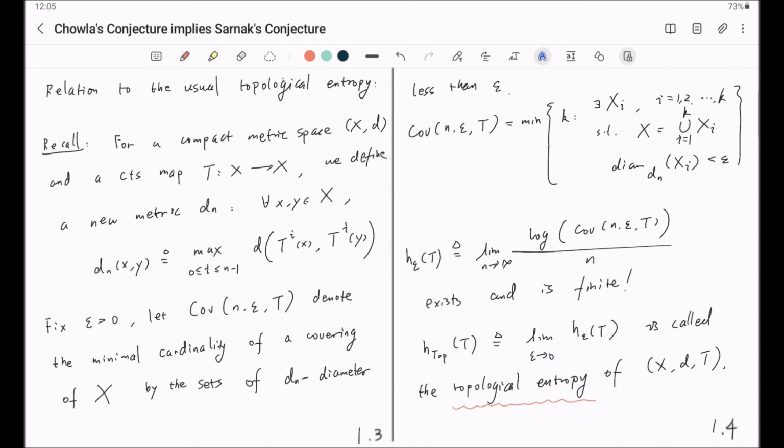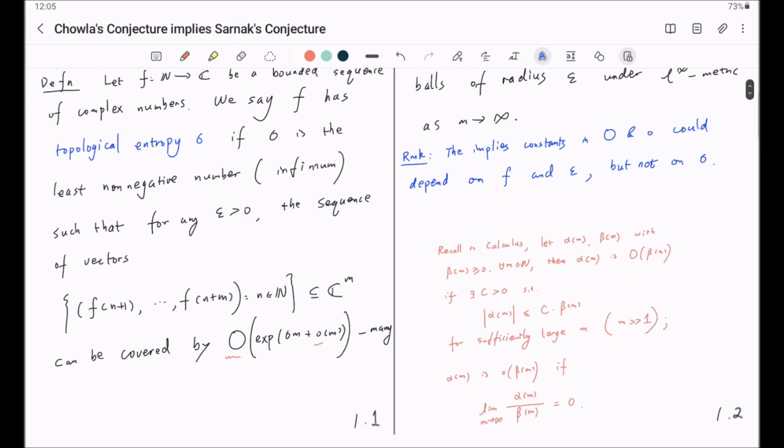And now, if you are comparing the definition of entropy in this setting and the definition of the entropy we defined at the beginning for bounded sequences, the sigma appearing here can be obtained by first taking the log so that you can drop this exponential function, and then you divide by m.